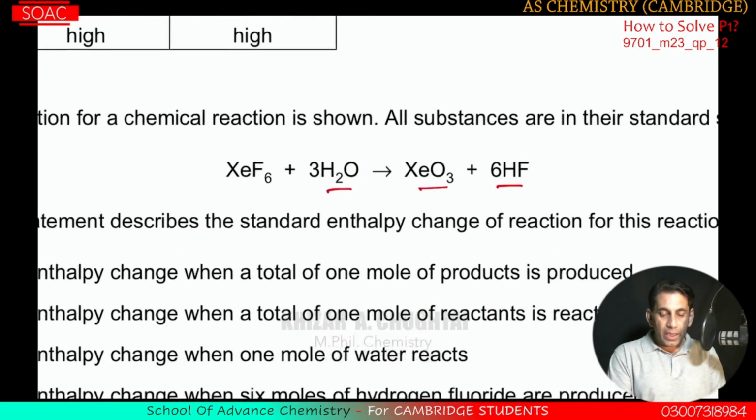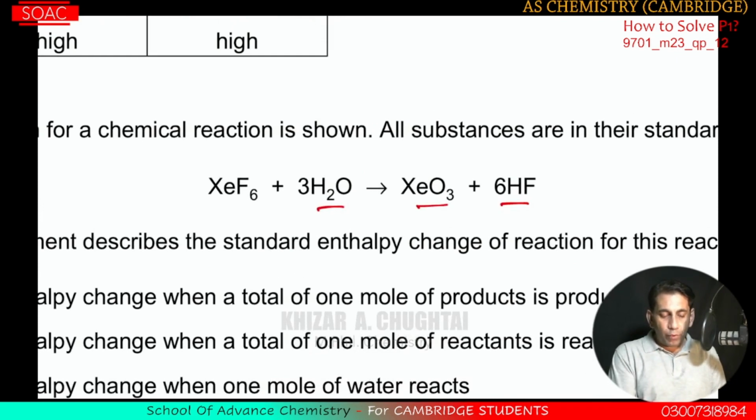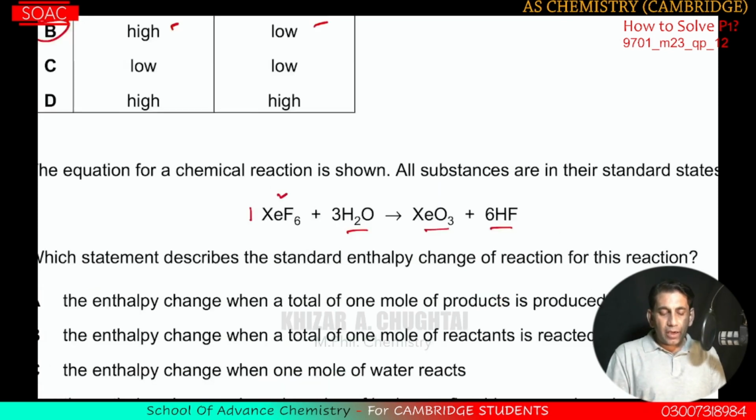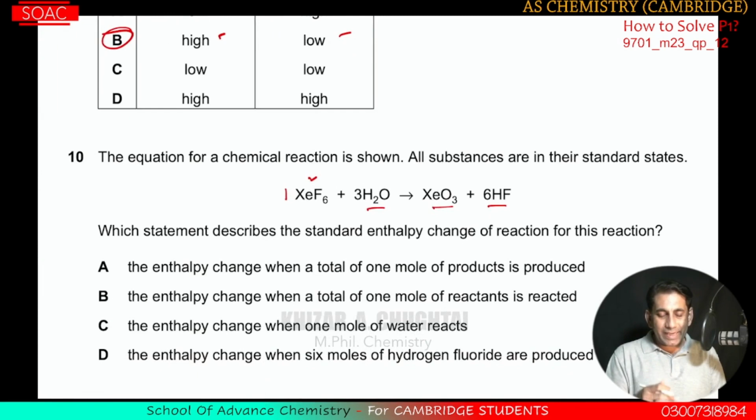We can call it the enthalpy change of 1 mole of xenon fluoride. Yes, it is true. It is the enthalpy change of reaction of 3 moles of hydrogen. Yes, you can say. Or it is the enthalpy change when 1 mole of xenon oxide is formed, or 6 moles of HF, and so on.